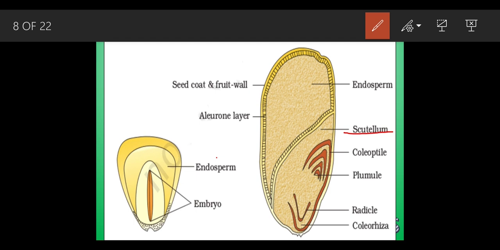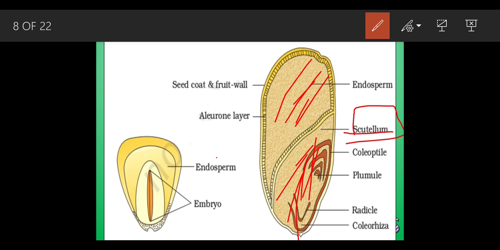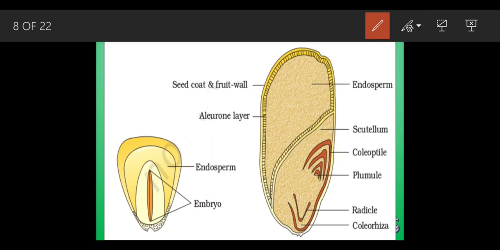But when it comes to a monocot, we have to say scutellum. This whole part, full of endosperm, is the scutellum. Now inside this scutellum we can see many structures.